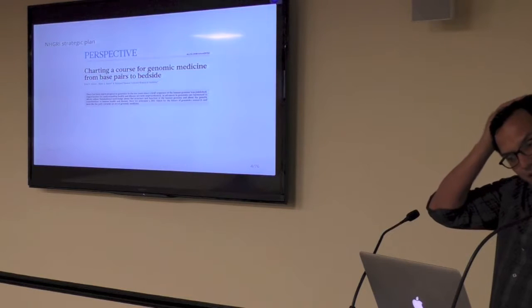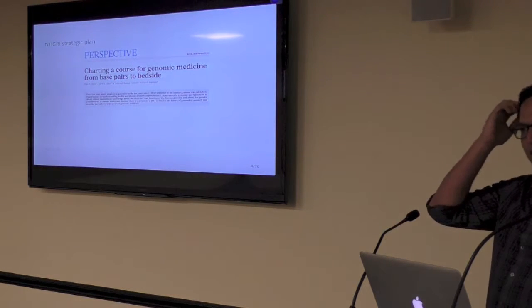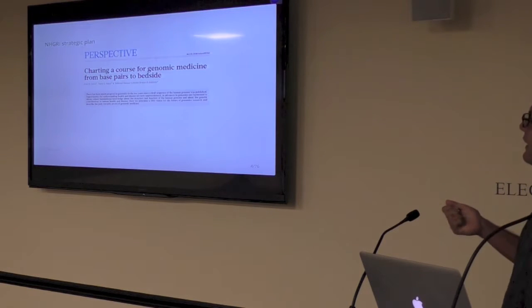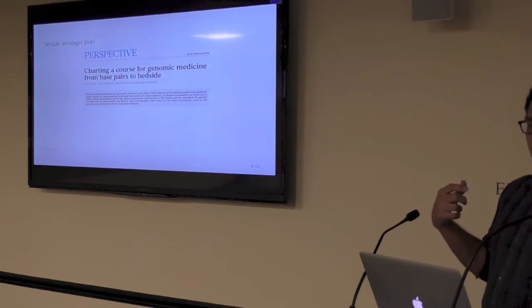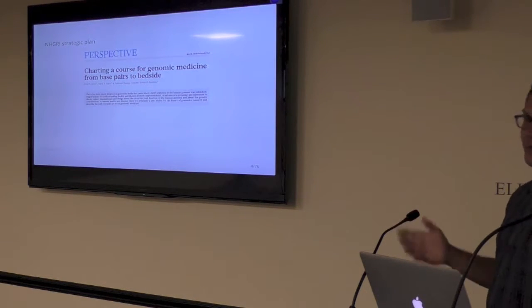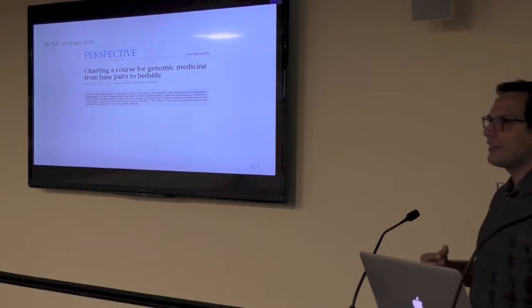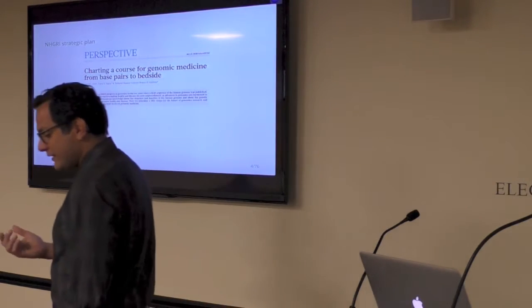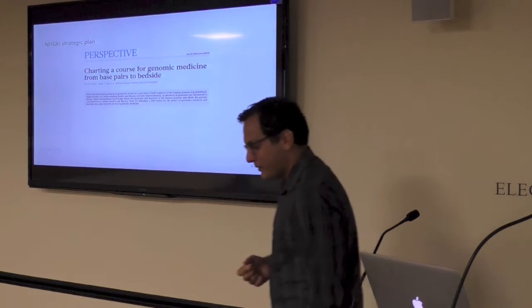So luckily, when I started my position here at Maryland as an assistant professor, the NHGRI, the National Human Genome Research Institute, put out their perspective on their strategic plan for the next few years, which was extremely convenient for me. Because as the field went on this endeavor, it just so happens to align very well with what I wanted to do.